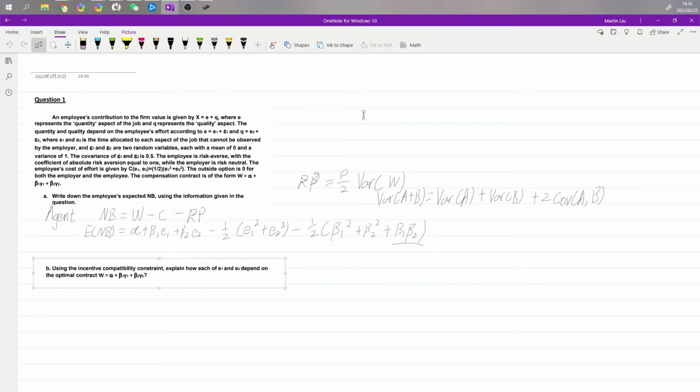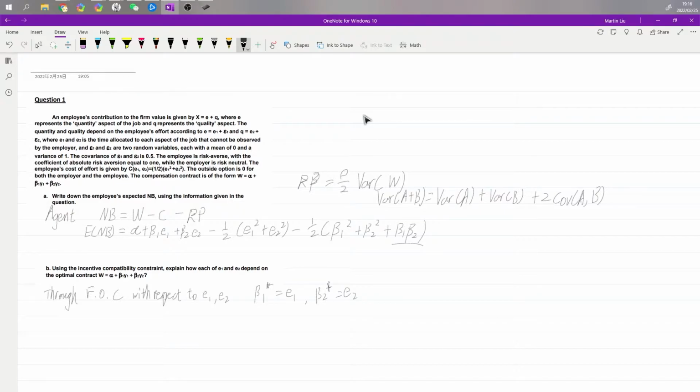you are using the first order condition with respect to different types of effort. So what you have to do, through FOC with respect to E1 and E2, you will be able to have beta 1 star equal to E1 and beta 2 star equal to E2.